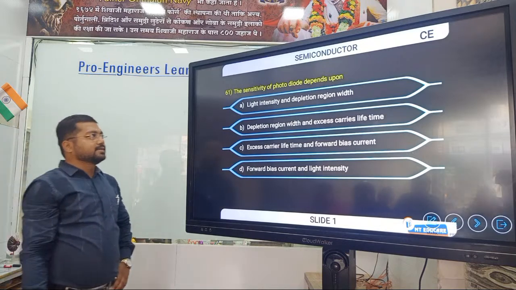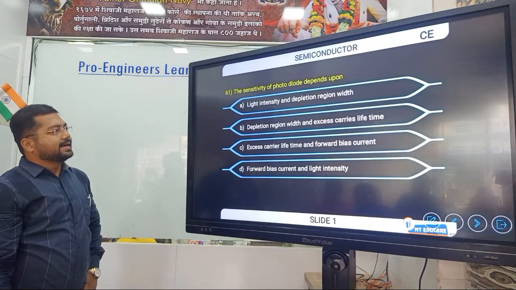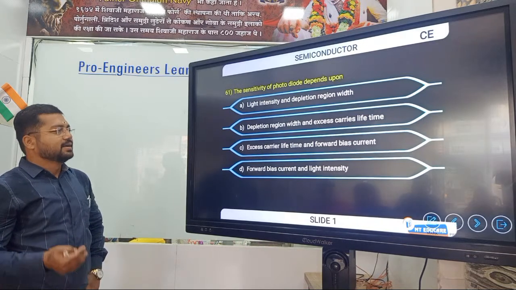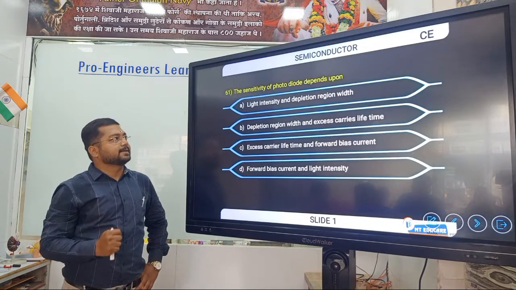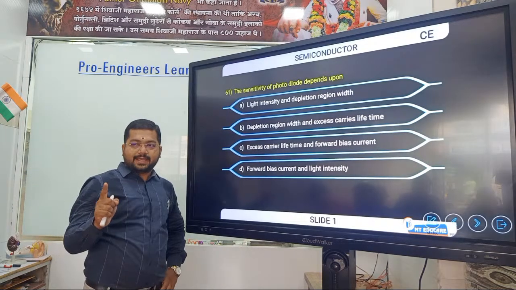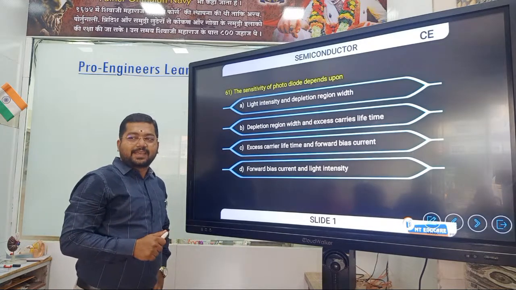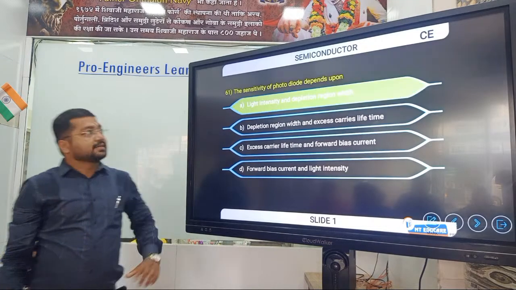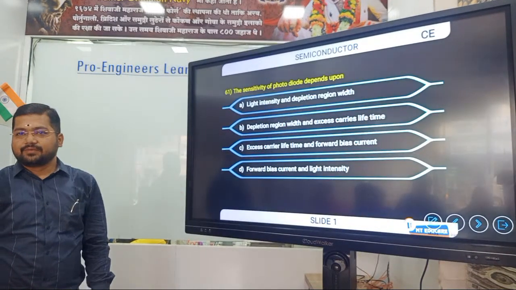Shruti, what will be the answer? The sensitivity of a photodiode depends upon: light intensity and depletion region width, excess carrier lifetime, forward bias current and light intensity. Option A. Shruti was thinking about some other option, but it depends upon light intensity and depletion region width.